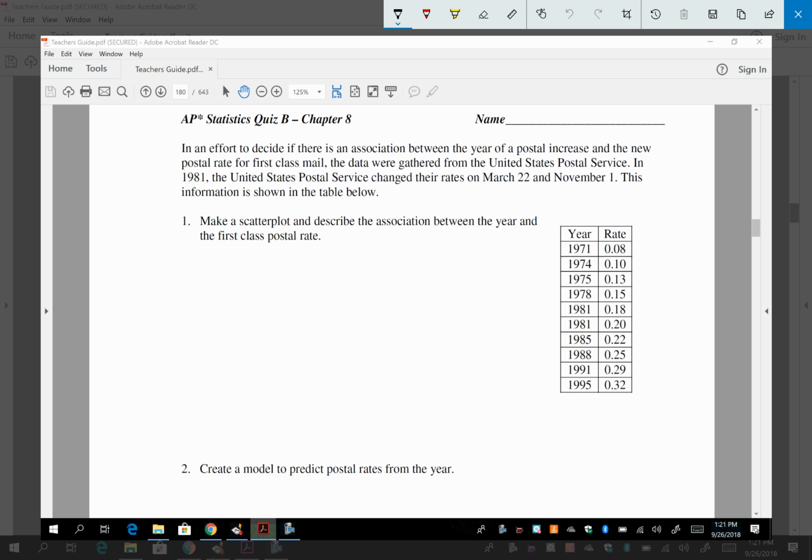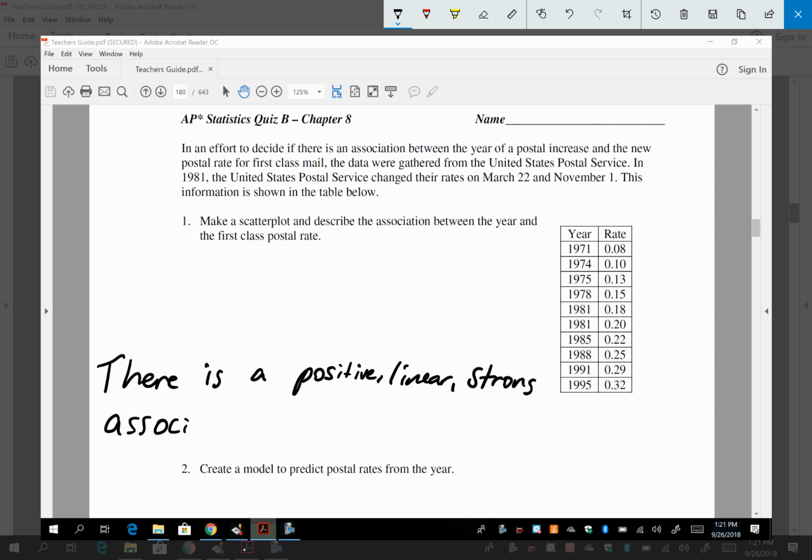Okay, so there is a positive, linear, strong association. And if you want to get full credit, you must put this in context. So between year and postage rate.